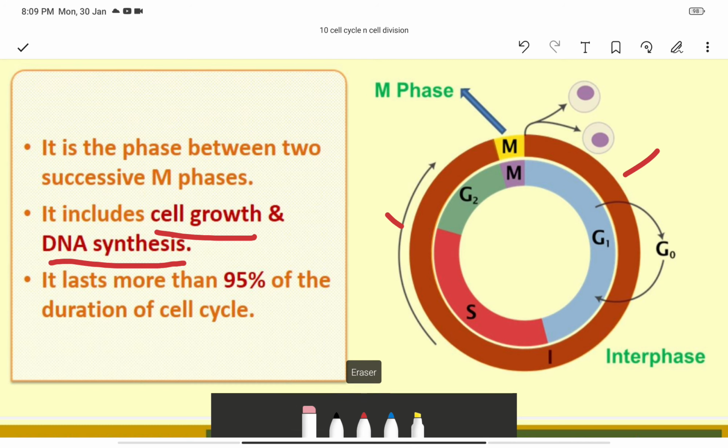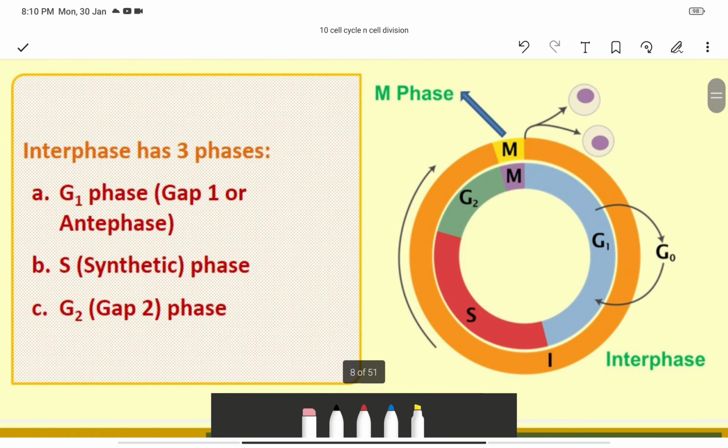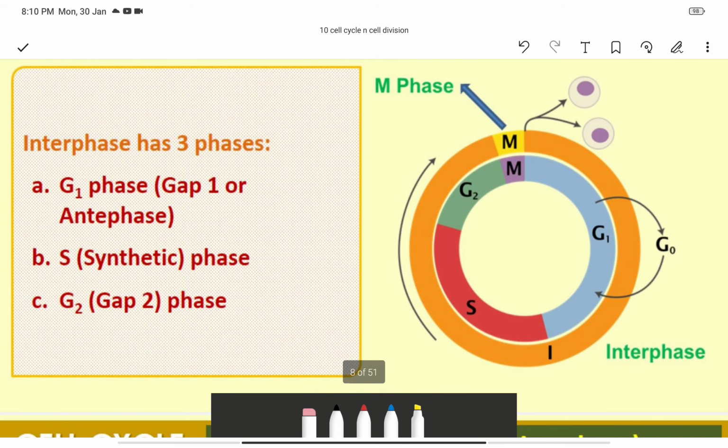What I discussed previously is that 95% of the duration of the cell cycle constitutes the interphase. Interphase has three phases: the gap 1 phase, the synthesis phase, and the gap 2 phase. This is the S phase, the synthesis phase.